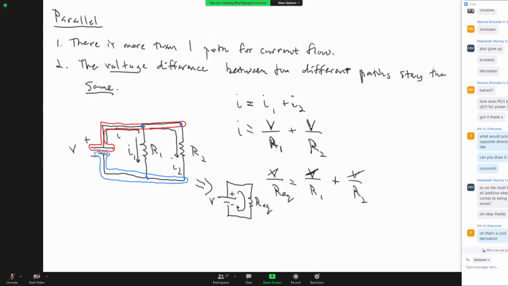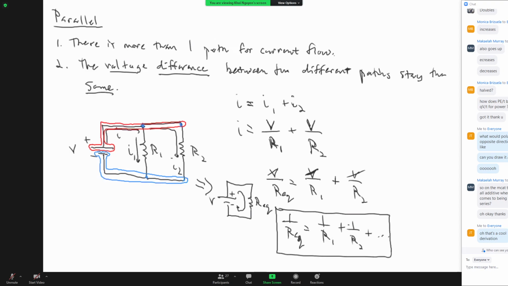Voltage difference is the same for parallel circuits. And we saw that earlier with the batteries as well. We can cancel out all those voltages, and resistors in parallel have this 1 over relationship. 1 over Req is equal to 1 over R1 plus 1 over R2 plus ... however many other resistors we have in parallel with each other.